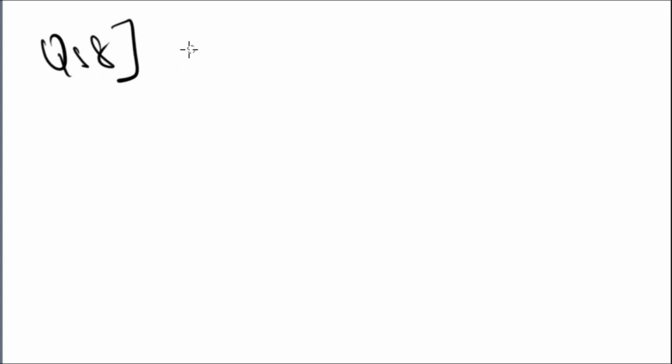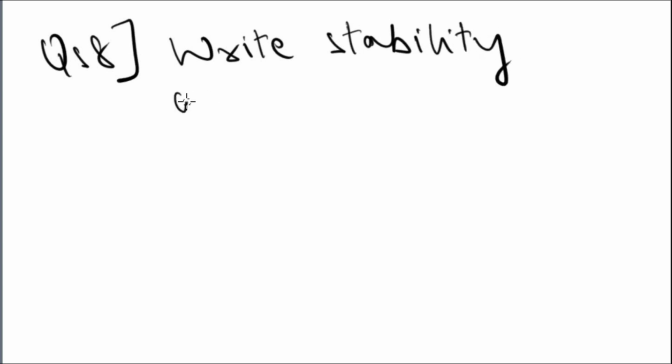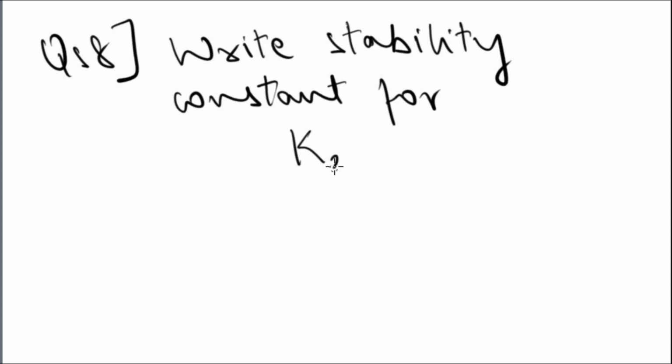For question number 8, you have to write the stability constant, Kf, also known as the formation constant, for this coordination compound with potassium, iron, and cyanide.